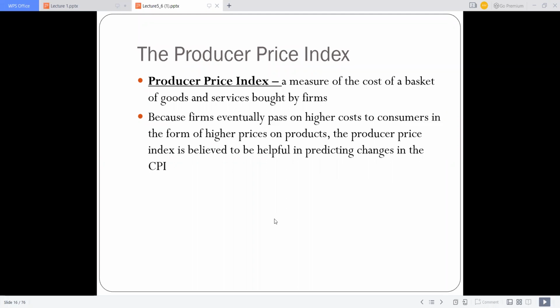They incur cost, right? Good. So just like you buy goods and services, producers also buy capital. They hire labor and all that. You get it? We are saying that because sometimes they push cost to us, or they push some incidence of tax. Most people tend to use the producer price index to estimate the change in the CPI. So if you really want to measure good inflation, you look out for the producer price index.